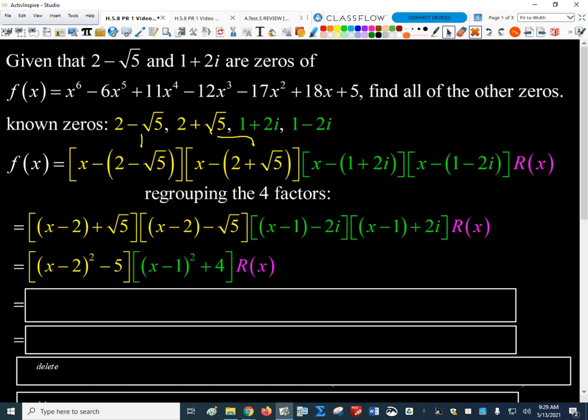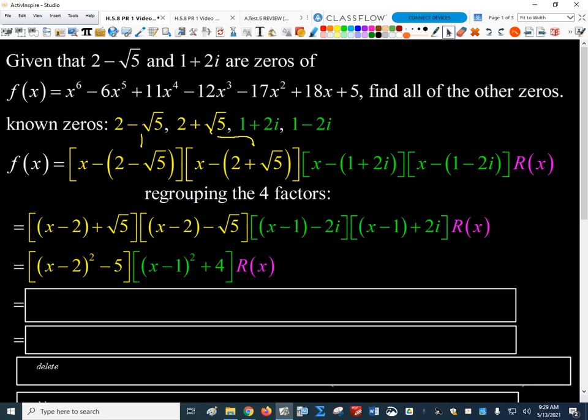So if we multiply these together, we know that a plus b times a minus b is a squared minus b squared, and the square root of 5 squared is just 5, right? Okay, same thing here. I've got a minus bi times a plus bi. When I multiply complex conjugates, I get a squared plus b squared. So there it is, the quantity x minus 1 squared plus 2 squared.